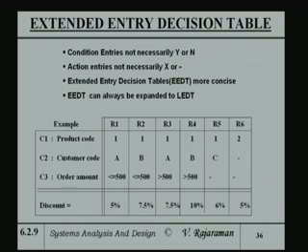The way in which I read these rules is that if the product code is 1 and the customer code is A and the order amount is less than or equal to 500, give a discount of 5%. If product code is 1, customer code is B, and order amount is less than or equal to 500, give 7.5% discount.